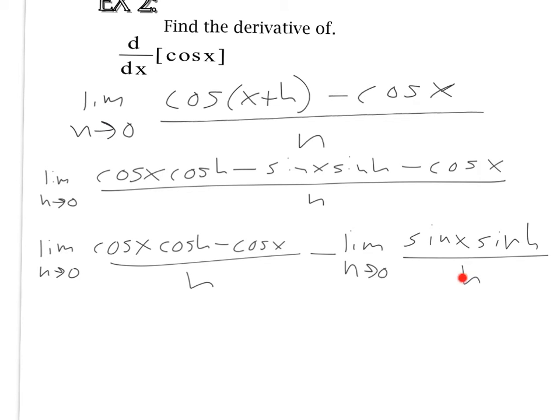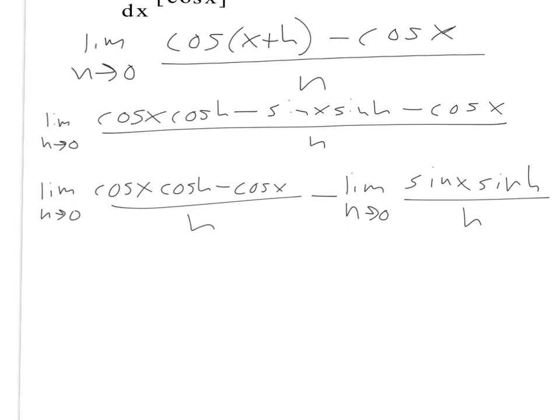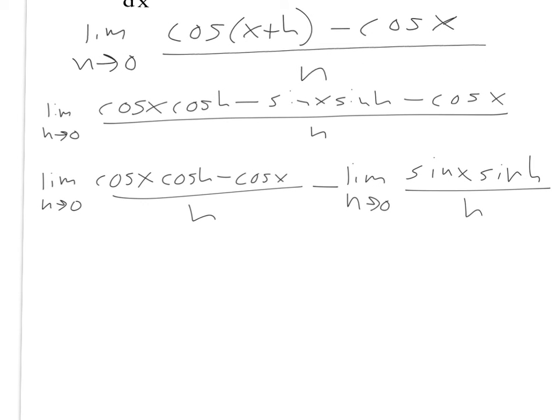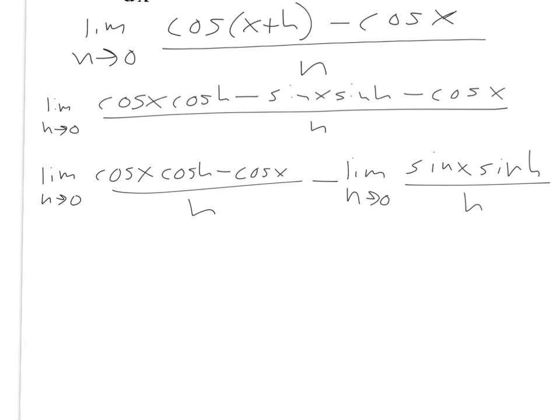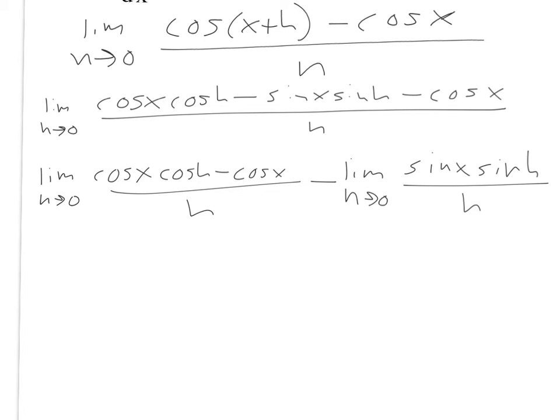It just depends how you want to write it. I'm actually separating out the limits. I didn't do this last time. I didn't do it to the next step, but it's okay. It doesn't really matter. We're going to go ahead and do it on the next line here. We're going to factor everything out that's a cosine x or a sine x. So first off, I can pull a cosine x because, again, the limit as h approaches 0 has nothing to do with an x.